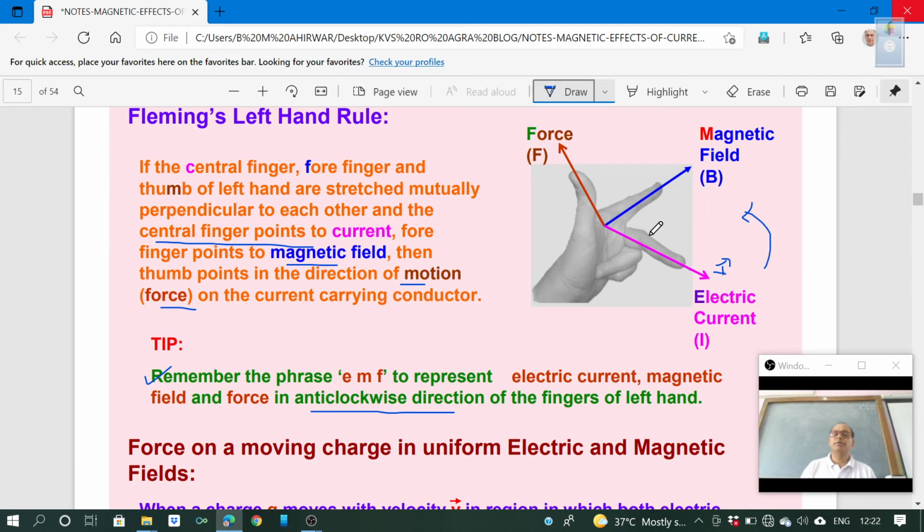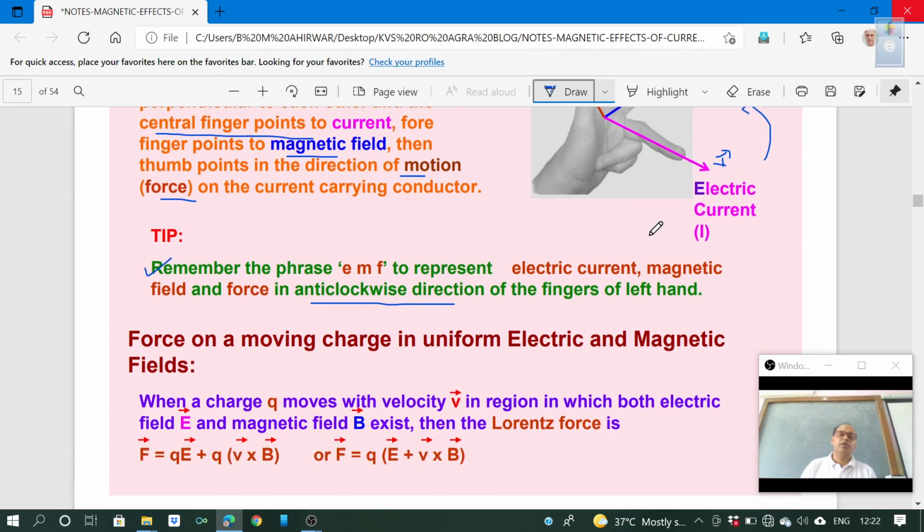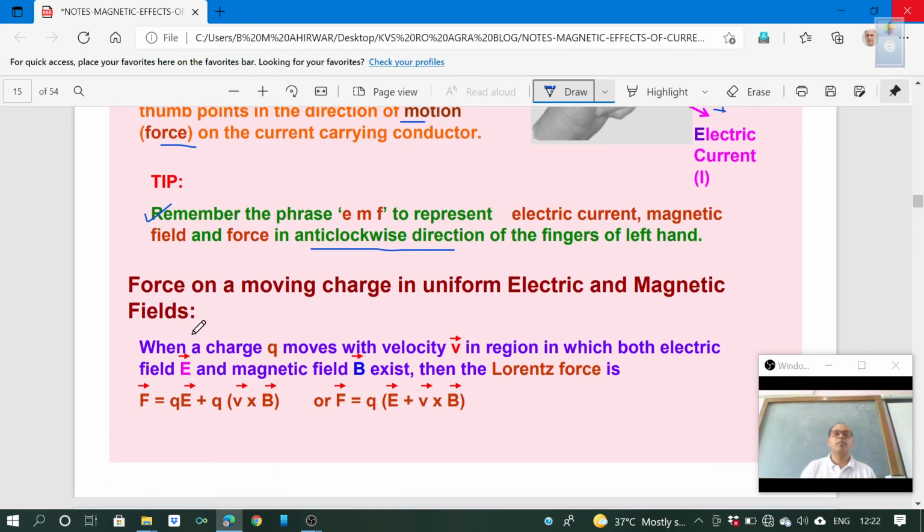Middle finger represents the velocity of the charge particle, the forefinger represents the direction of B, and the thumb represents the direction of the force experienced by the moving charge particle in the perpendicular magnetic field.